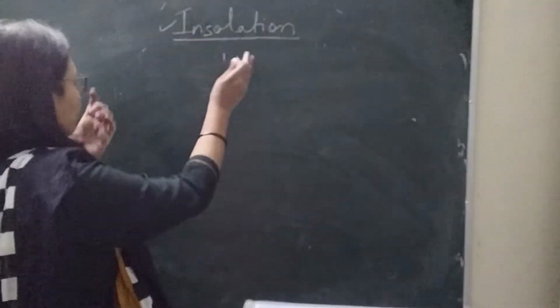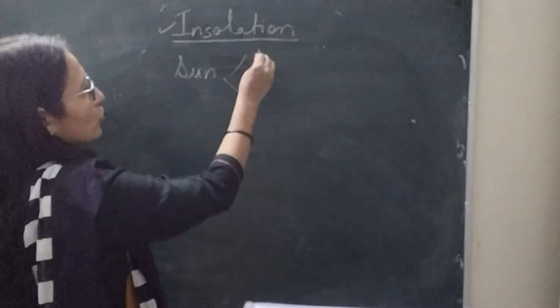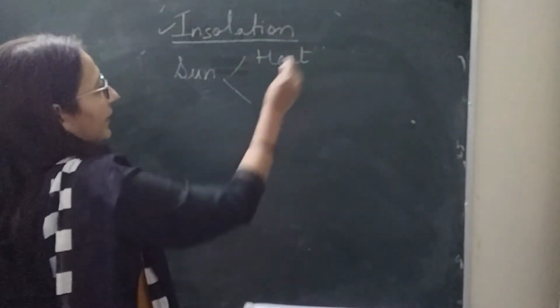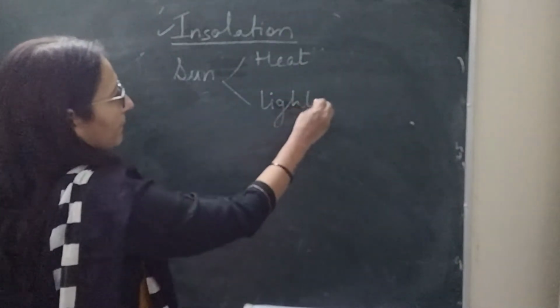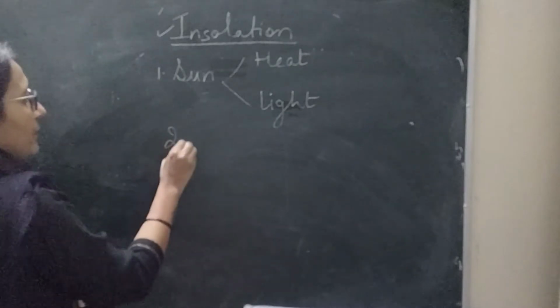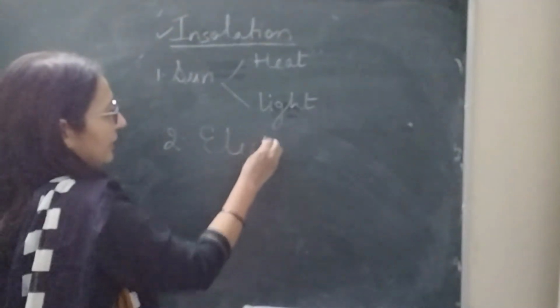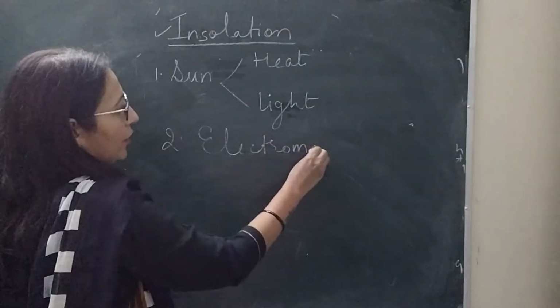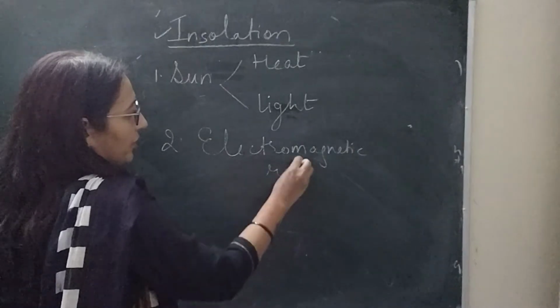As we know, the sun is the major source of heat and light. Sun rays reach the earth in the form of electromagnetic radiation.